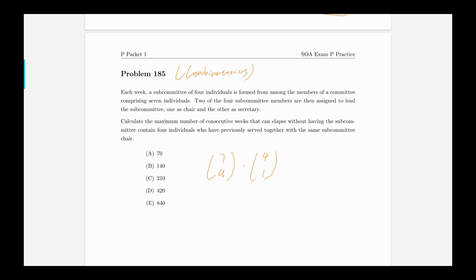And we don't necessarily care about the secretary here because we only focus on the individuals and the chair. So if the secretary repeats, we don't worry that much.